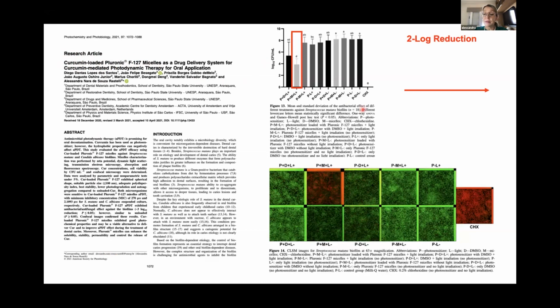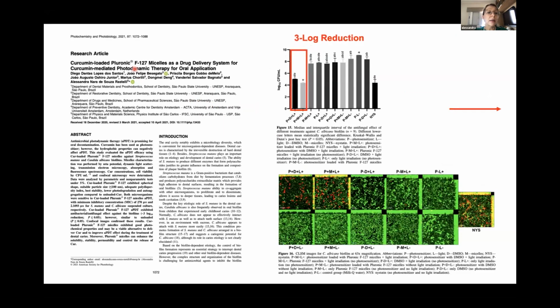So we have tested over different kinds of biofilms in vitro, especially a 72-hour culture biofilm of Streptococcus mutans and Candida albicans. And in this work, we also tested the effect of antimicrobial PDT over a dual species biofilm.